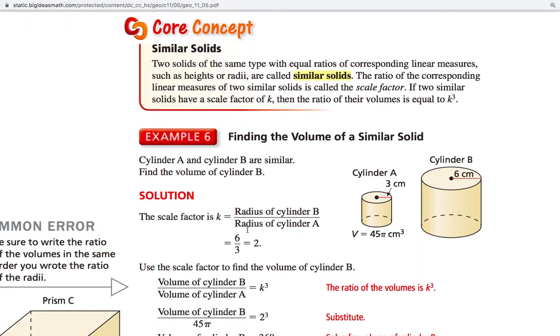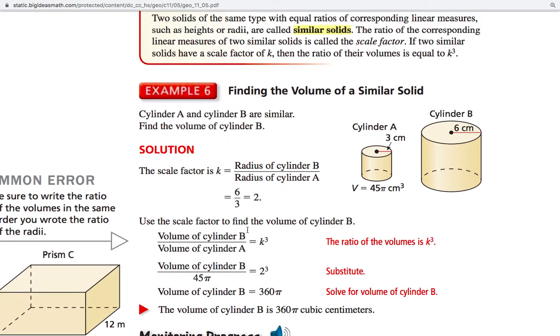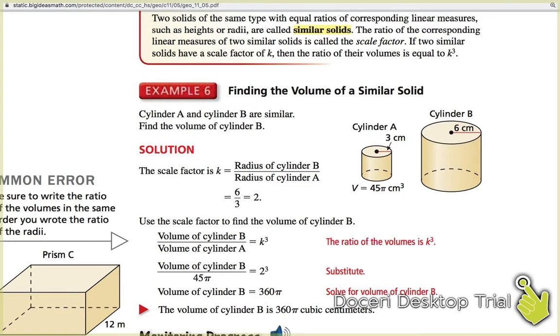Moving on, similar solids. This takes what we dealt with in terms of area and similar figures, and it takes us the next step. If we recall, I know it's been a while, K is scale factor, right? K is scale factor.